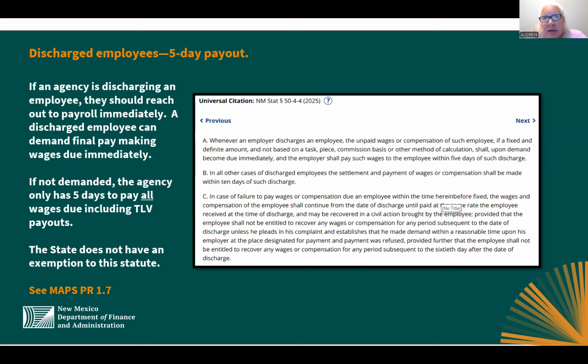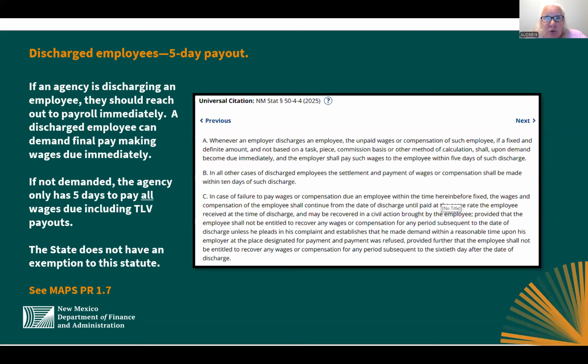There are only certain employees that are angry enough that they go to LRD and file these claims. So it's not necessarily that everybody is going to do it. It's a potential risk, and the agencies have to determine which risk they would prefer to take.